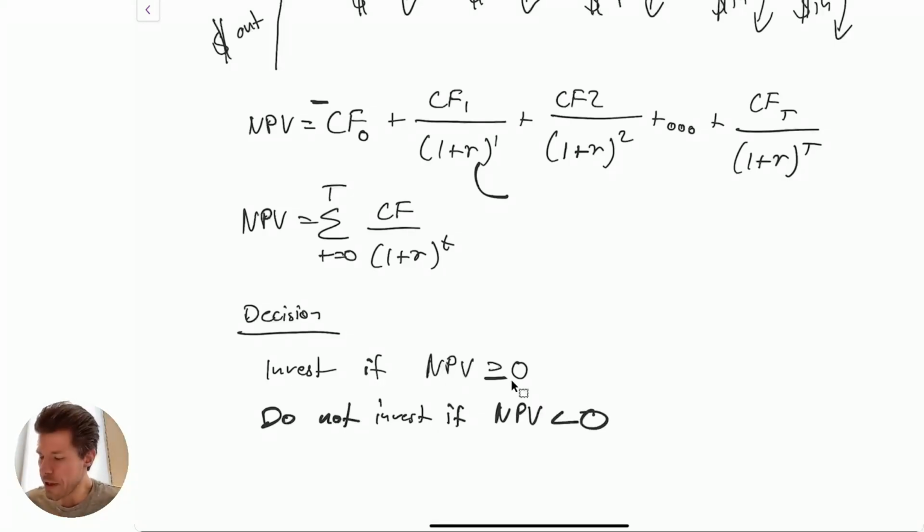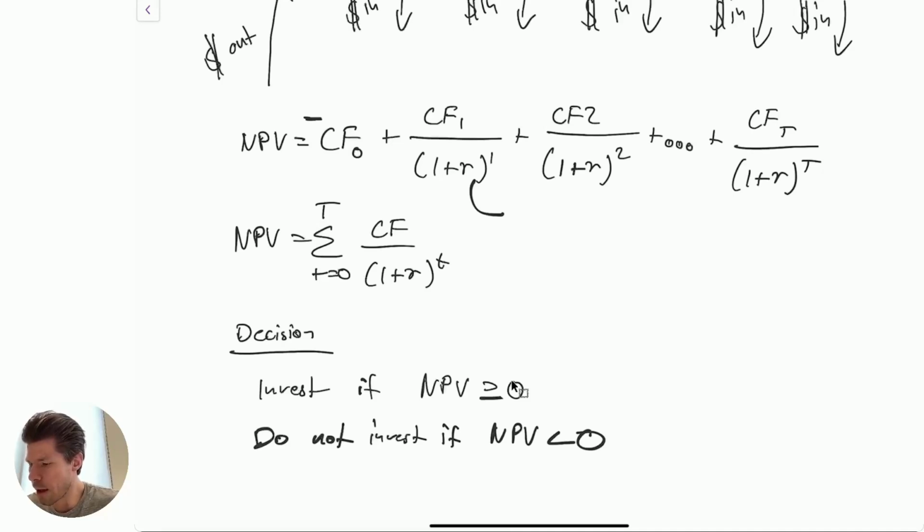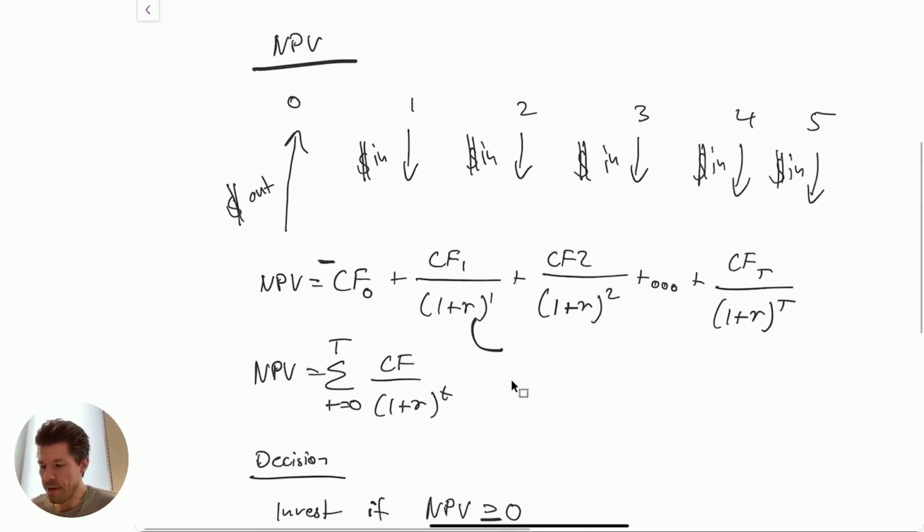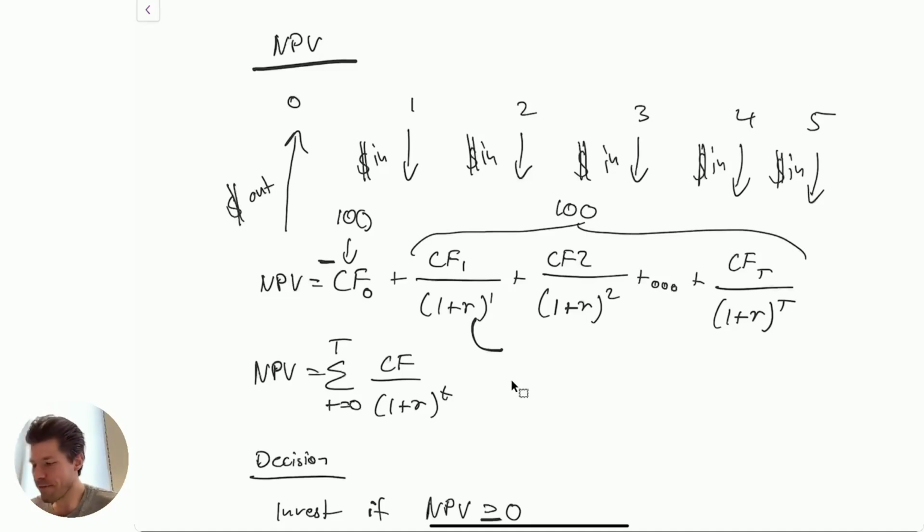Even if NPV is 0, you would invest because our discount rate is our hurdle rate, what investors would request from investing. If investors say, okay, I'm investing 100 initially here, but because I'm waiting for my money, if all the other cash flows in present value terms would be 100, I would not do it, because then my NPV would be 0.